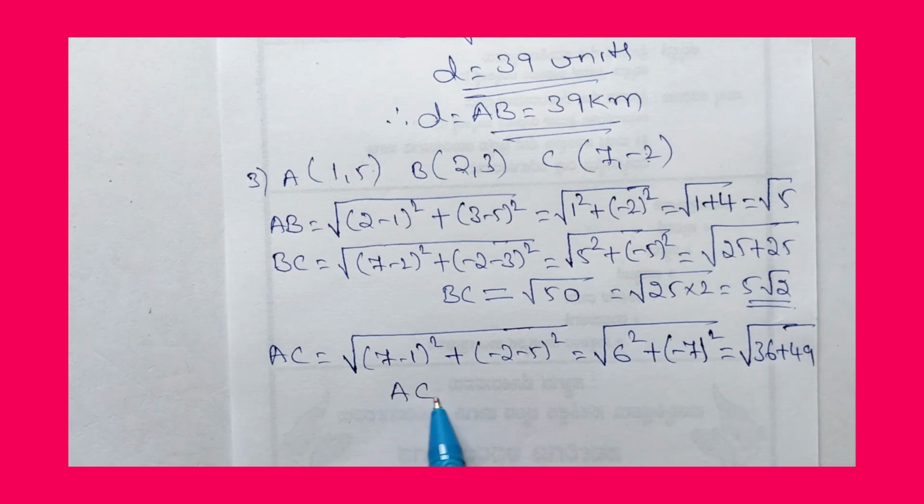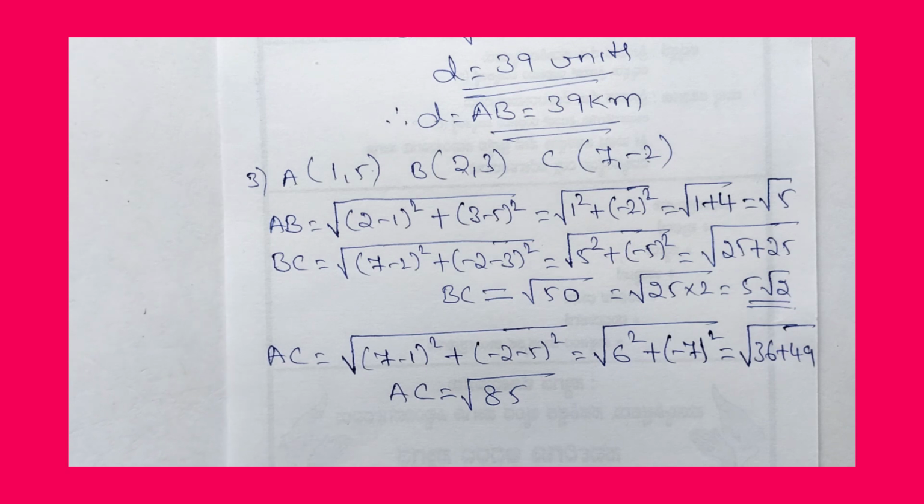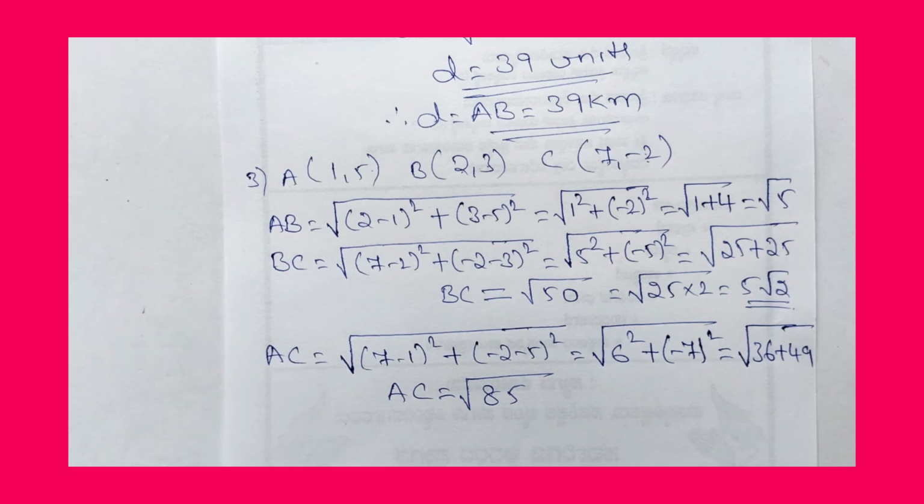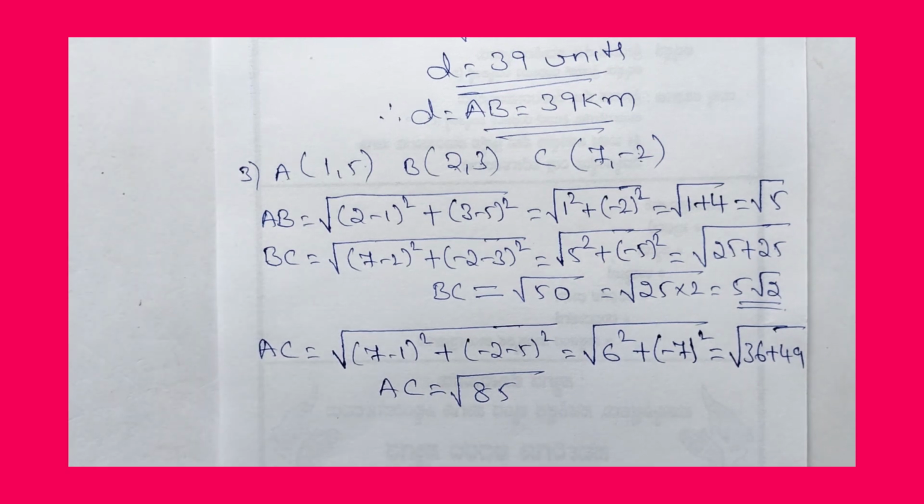So AC is equal to, so now let us add them. For 49 let us add 36. So 9 plus 6 is 15. So it will be equal to square root of 85. So the distance between A and C is square root of 85.